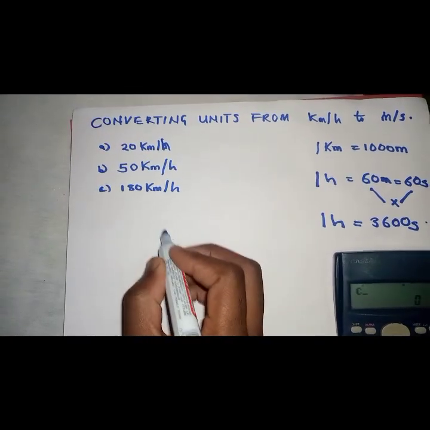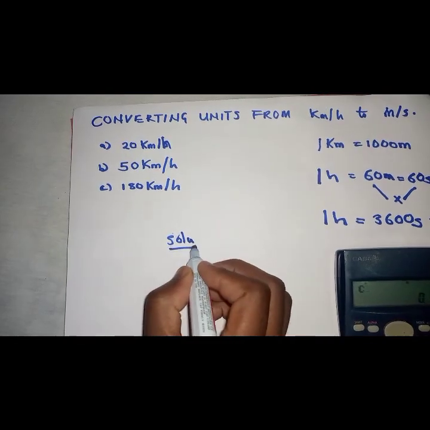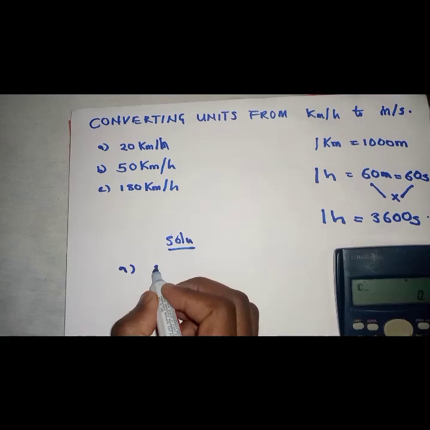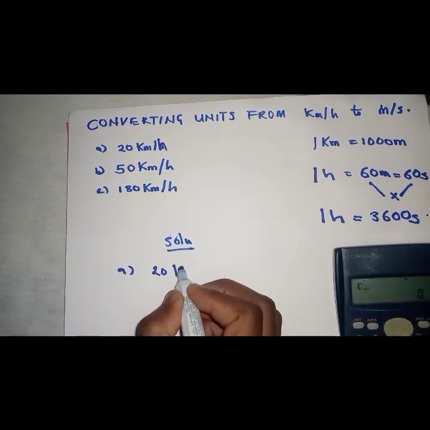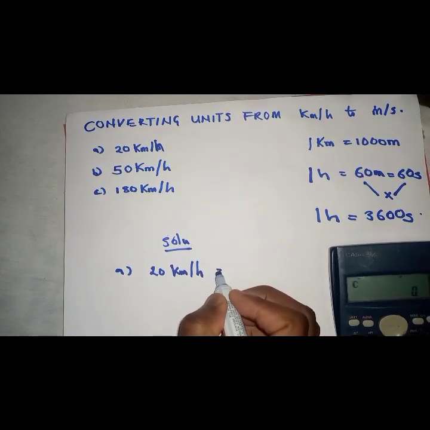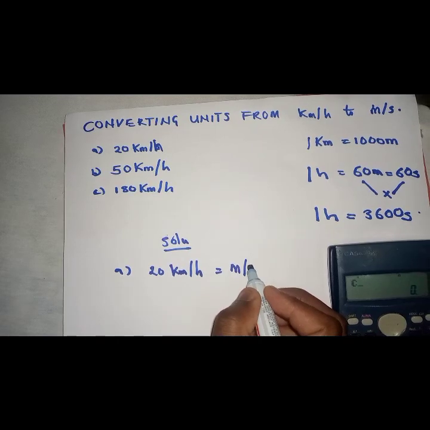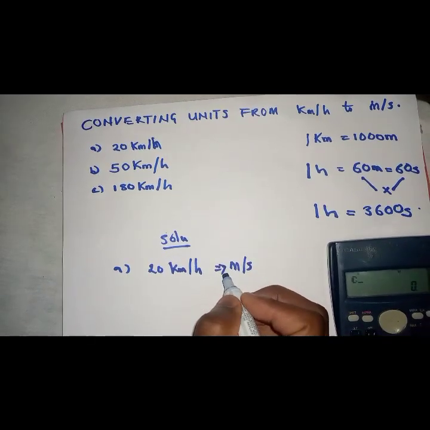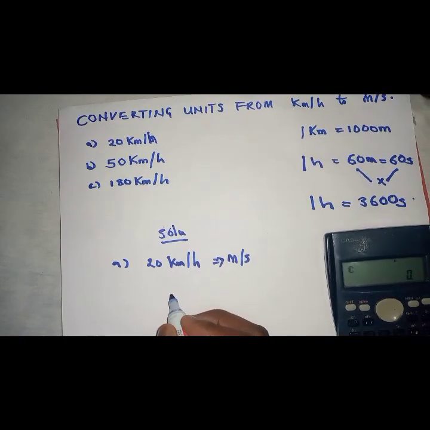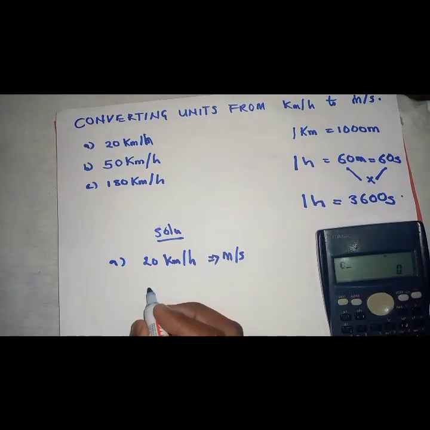So let's start with A. A, we're supposed to convert 20 kilometers per hour into meters per second. Allow me to make these arrows. So what we do is, we know that 1 kilometer is equal to 1,000 meters.